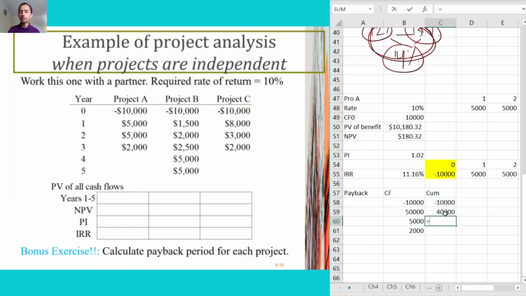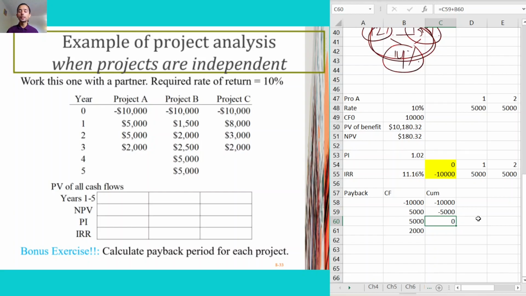For that, this is equal to this plus that number. I think this is 50,000. I should be keeping 5,000, right? So whenever it becomes positive, you can stop, or whenever it becomes zero, you can stop when it comes to payback period, right? So our cumulative here, right, it became zero.